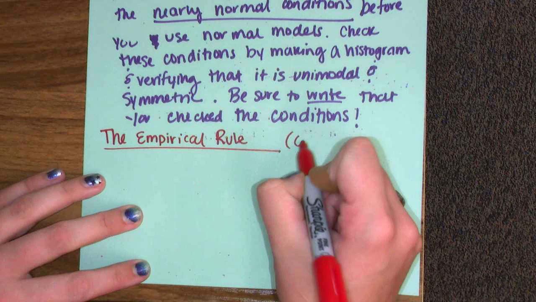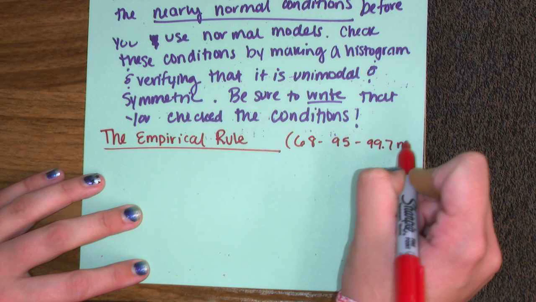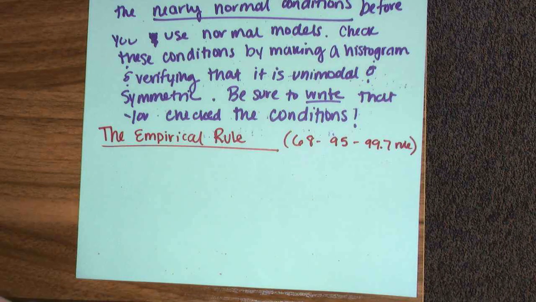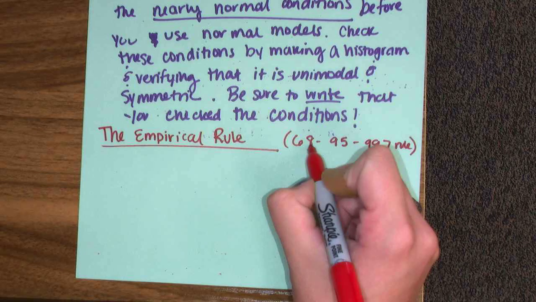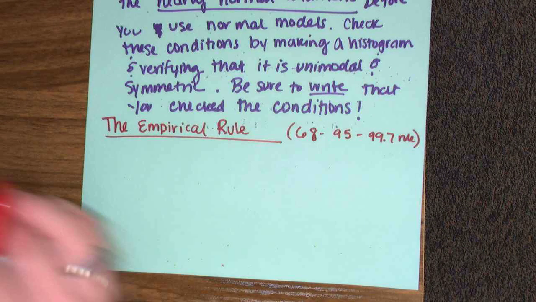So this is the 68, 95, 99.7 rule. Almost looks like a social security number.